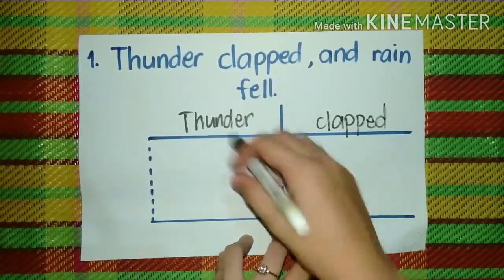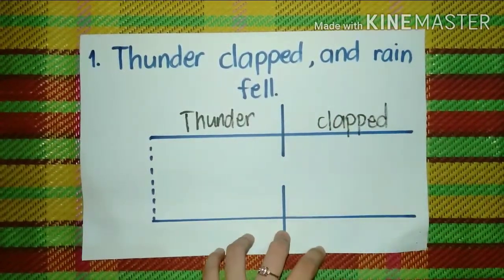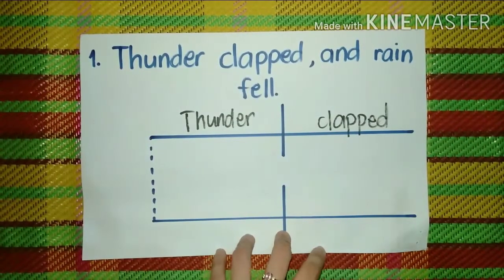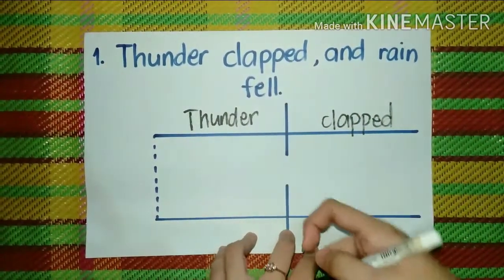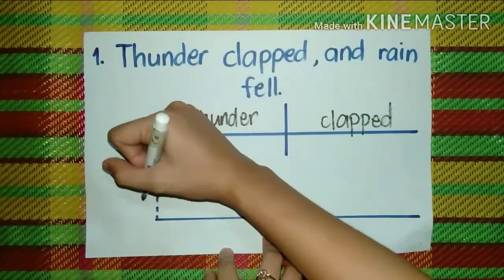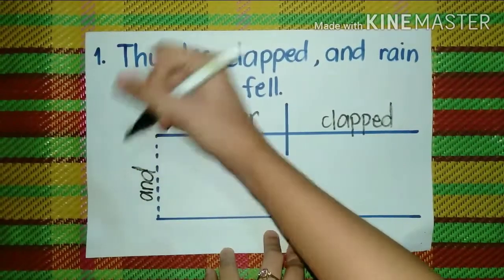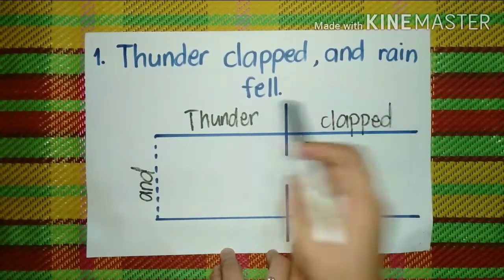Next, let's proceed to the second idea. And rain fell. The conjunction used to combine these two ideas is the word and. So this and will be put here, because that is where the conjunction is placed. Next, rain fell.